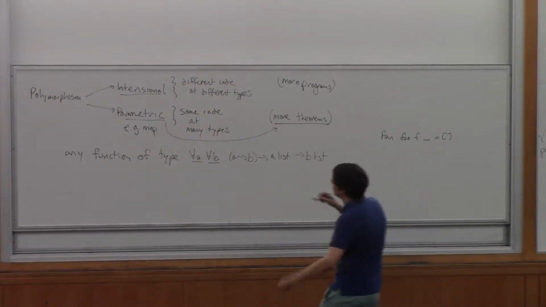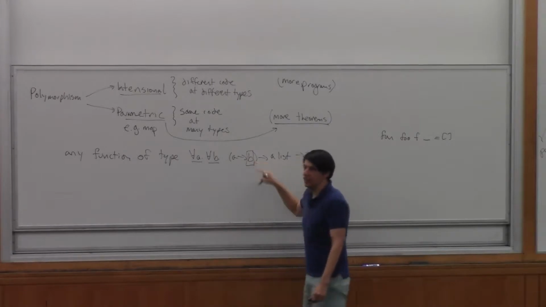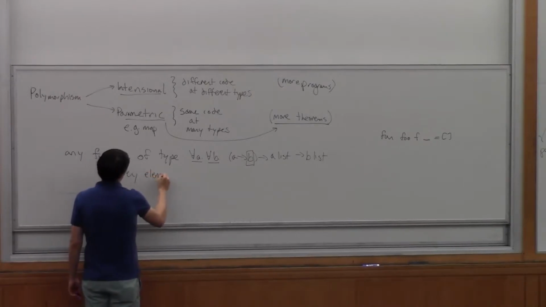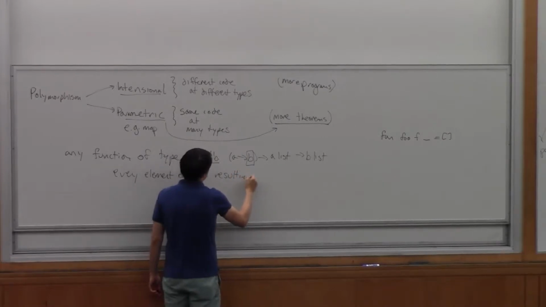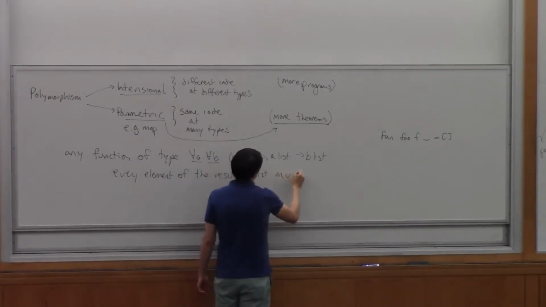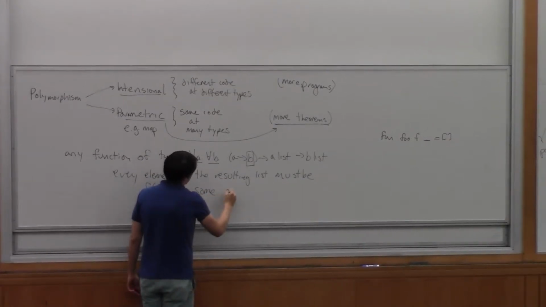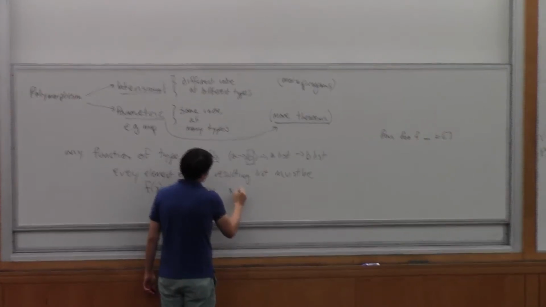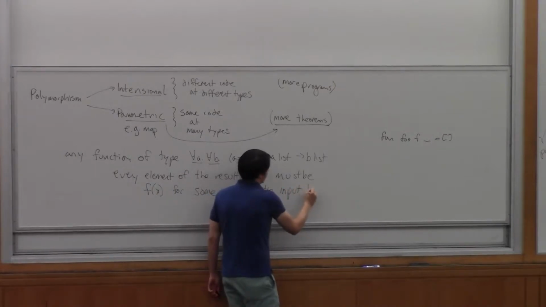Well, the only way to make B's is this method of making B's that you provided as input. Therefore, every element of the resulting list must be of the form f of x for some x colon A in the input list.